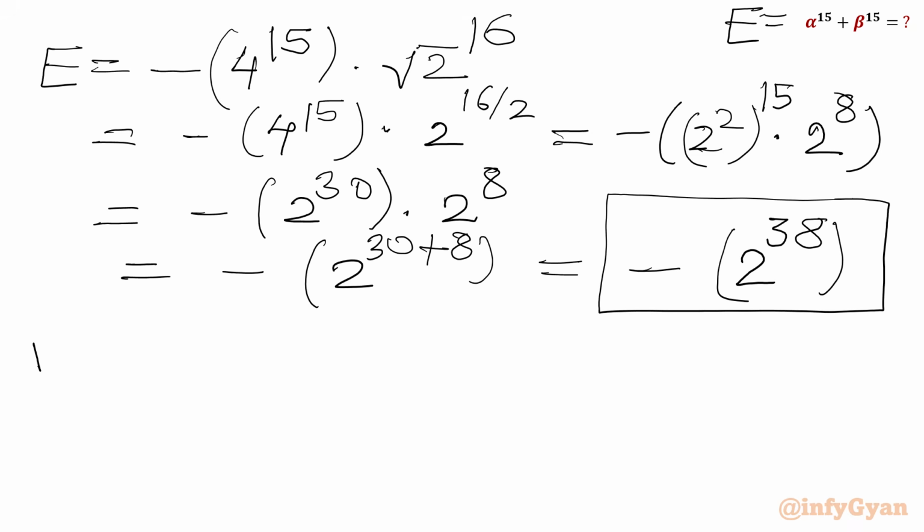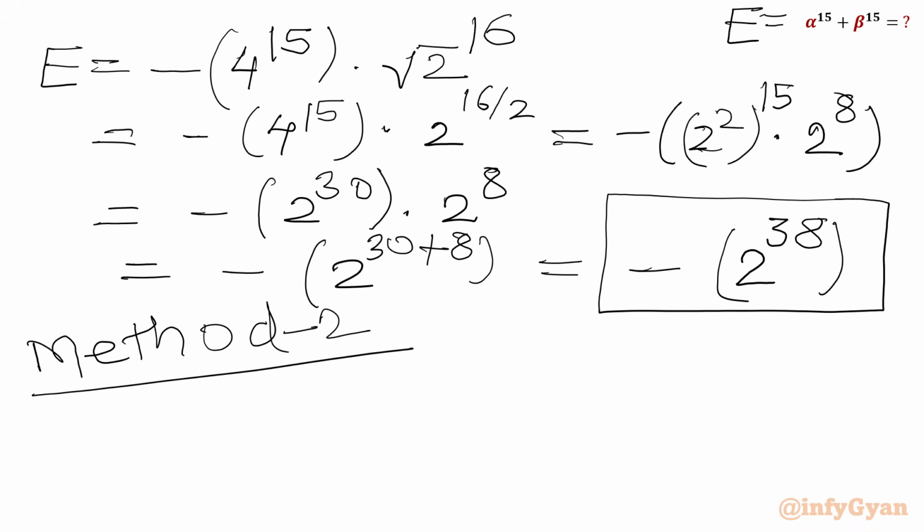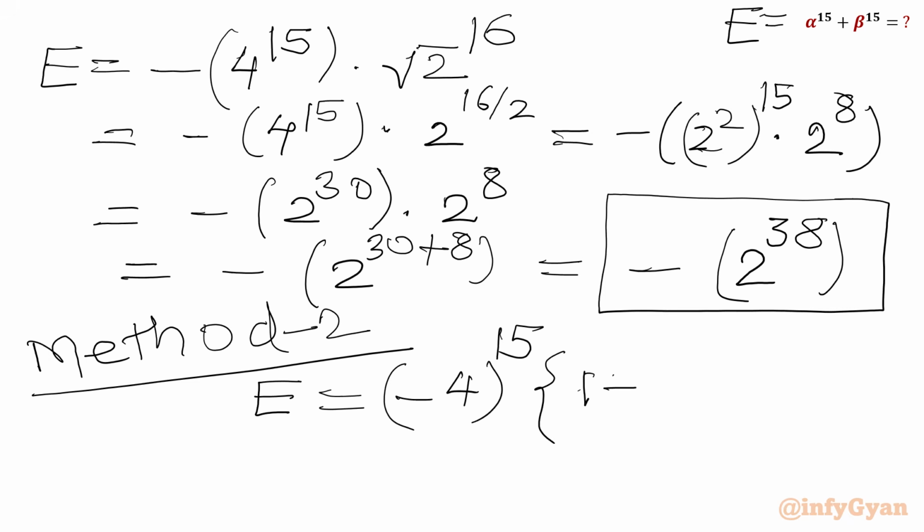Now I will use method number 2. In this method I will utilize the algebraic manipulation step. I will write first the expression E, which was minus 4 power 15 in the bracket, we will write 1 plus i whole power 15 plus 1 minus i whole power 15.